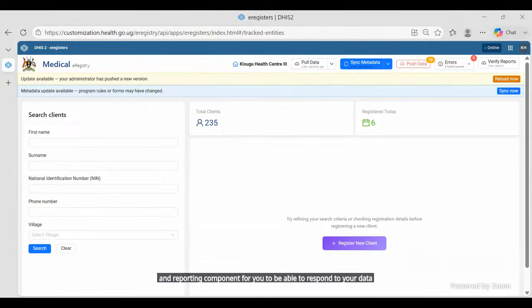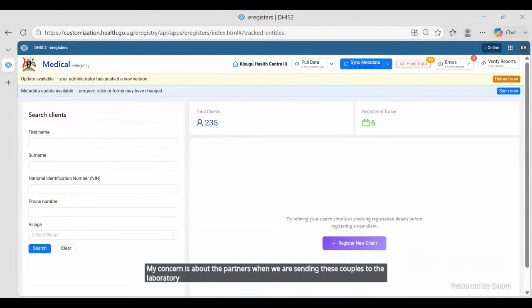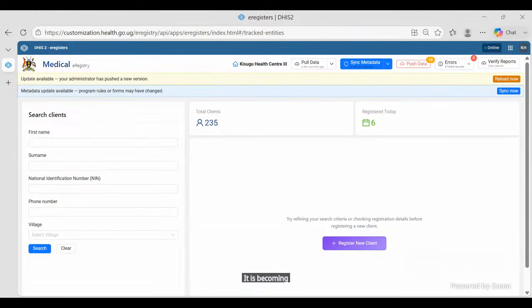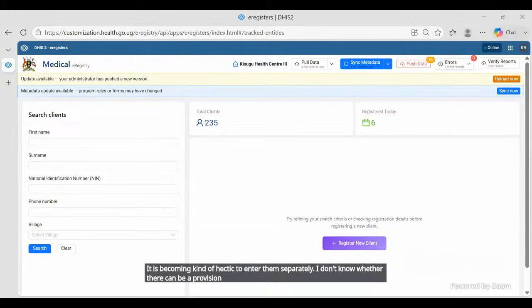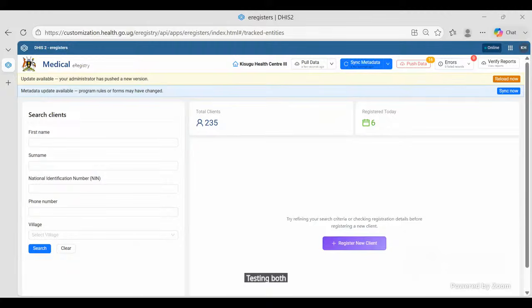Kevin? Okay, thank you so much for the presentations. My concern is about the partners when we are sending these couples to the laboratory. It is becoming kind of hectic to enter them separately. I don't know whether there can be a provision for us to send the tests at a go at that point of testing both clients, this couple.